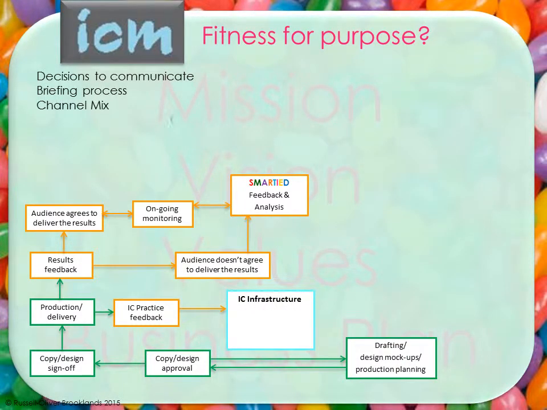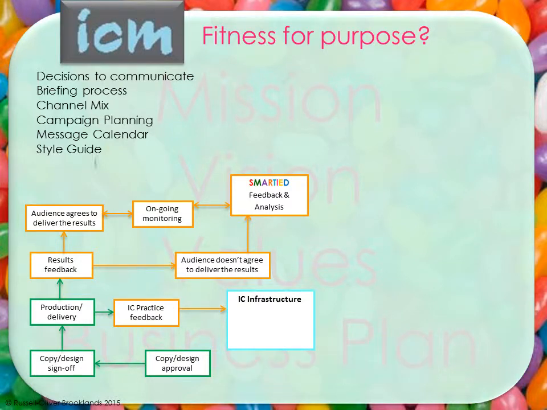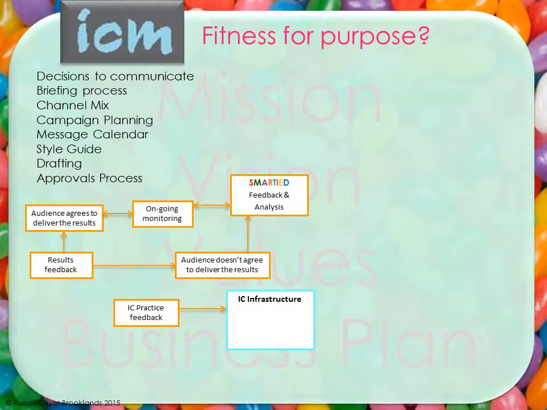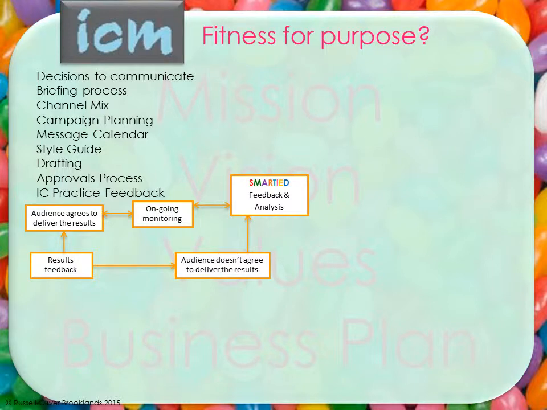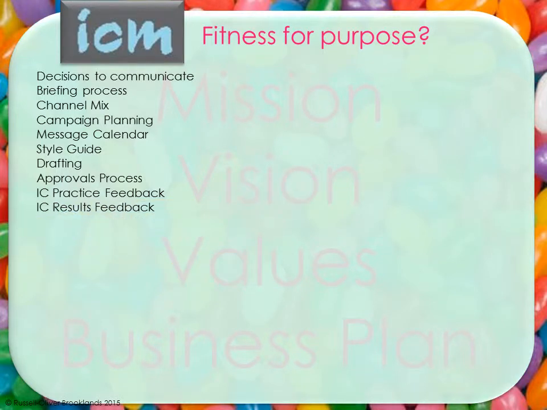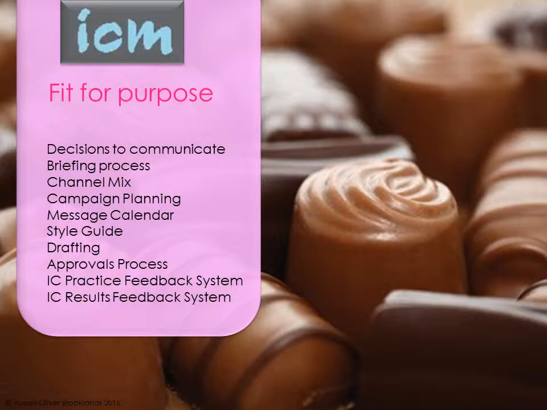The channel mix, message calendar and style guide need to be up to the job, as do people's drafting practices. Then there's the approvals process and the two feedback systems, one to keep tabs on the quality of the IC practices themselves, and the other to provide that all-important management information on what has to happen for employees to deliver specific results. So if any of these need to be worked on, how do we do it?